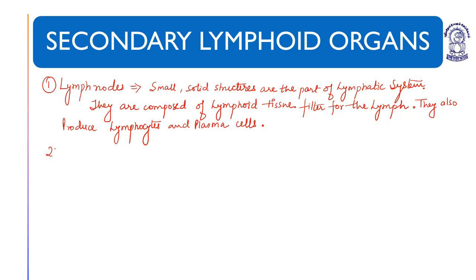Now, second is the spleen. It is a bean-shaped organ, which is the largest single mass of lymphoid tissue.